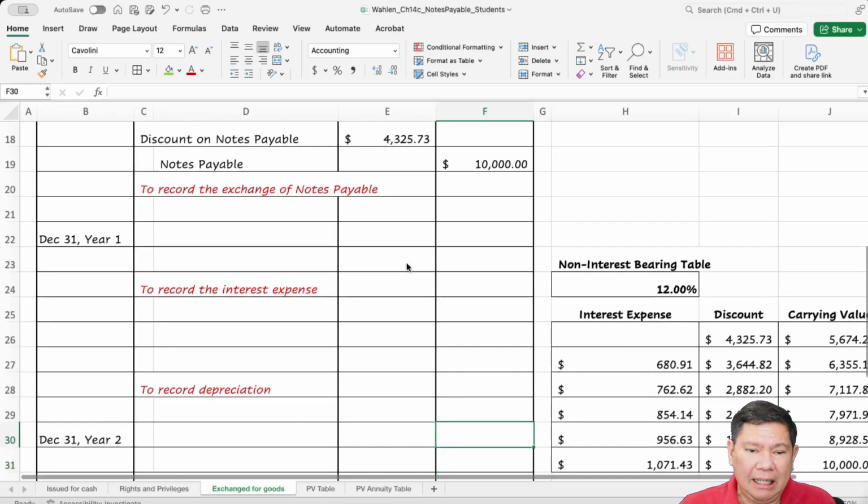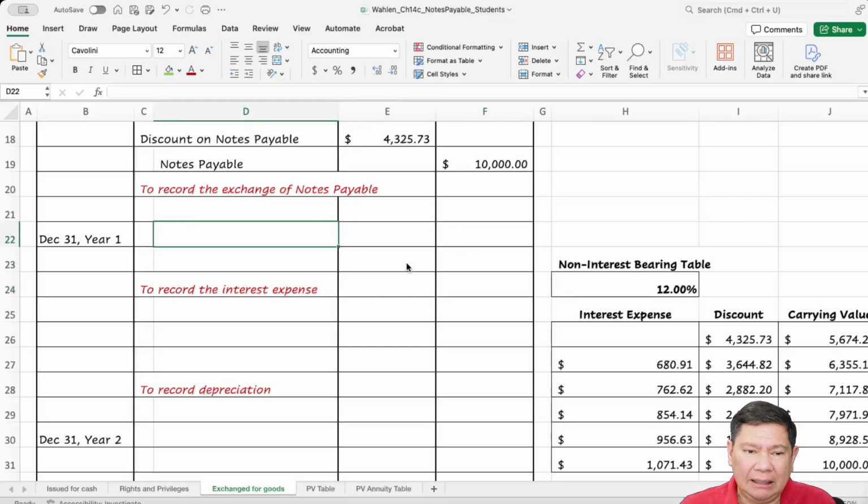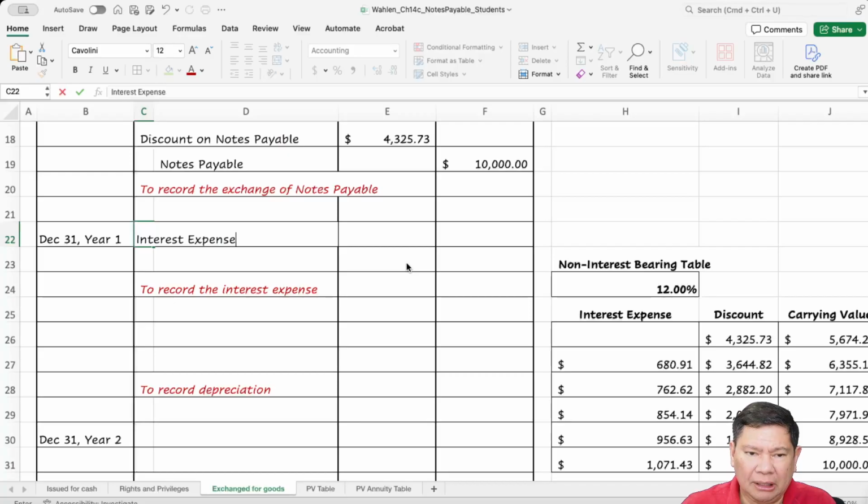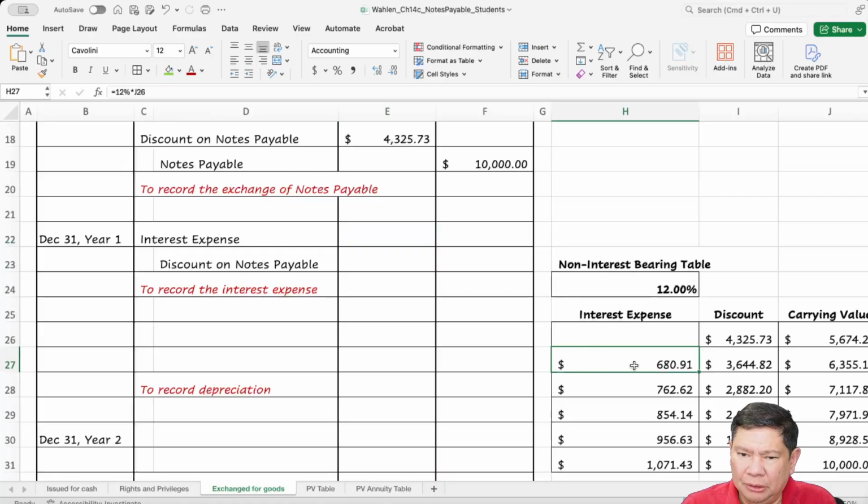At the end of the year, first we have to recognize interest expense, which is the amortization of the discount. And for the first year, we're going to use this number here on the first year of the amortization table, 680.91.